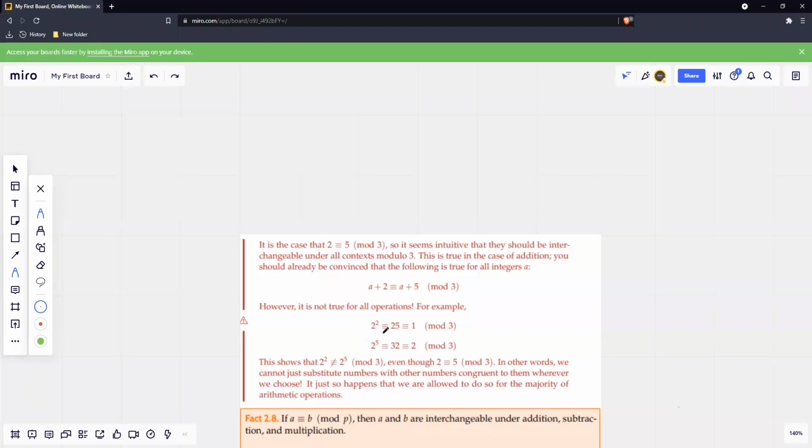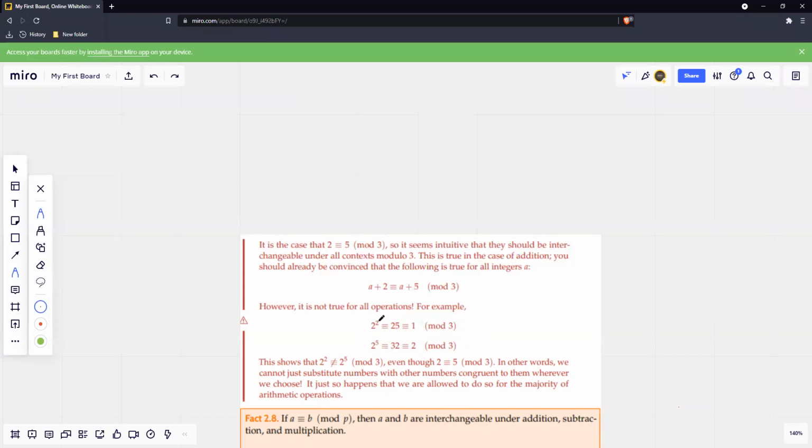Let's go to exponents. So we know that 2 to the power of 2 is congruent to 1 mod 3, while 2 to the power of 5 is 32, which is congruent to 2 mod 3.